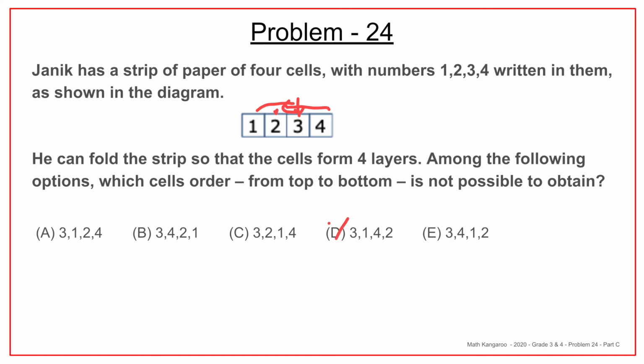So this is not possible and could be our answer. Option E, 3, 4, 1, 2. So we have 3 on top, 4 gets in, 1 and 2 need to be together. So this is possible too. So our answer is option D, which is an impossible option.